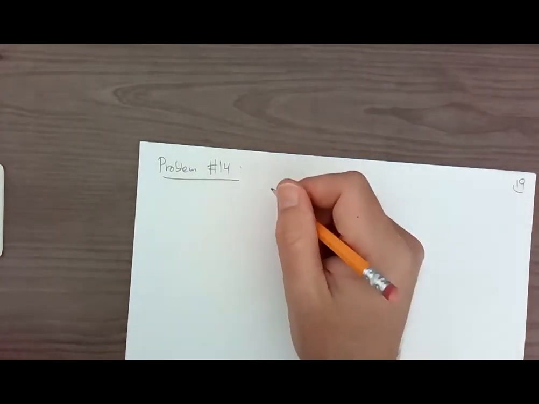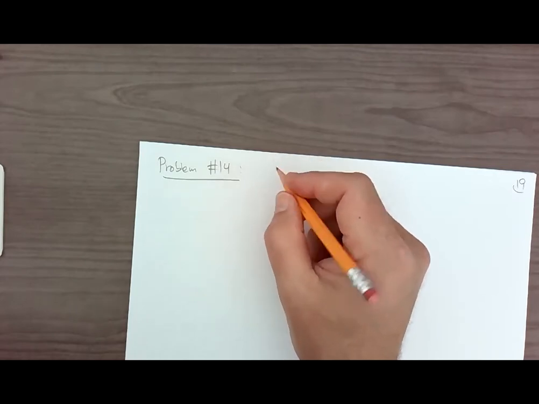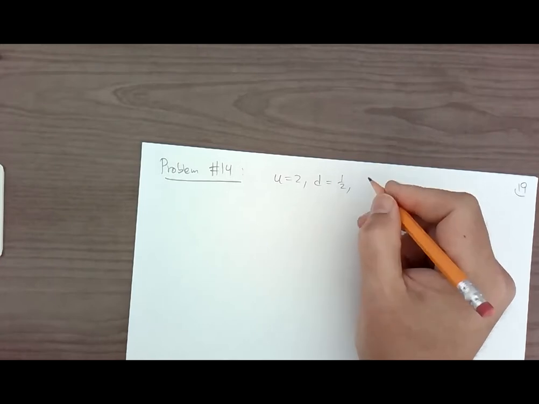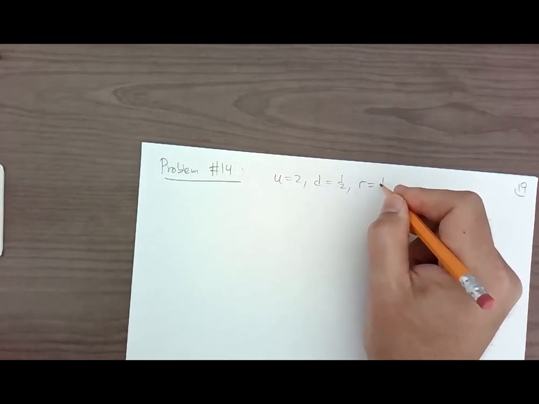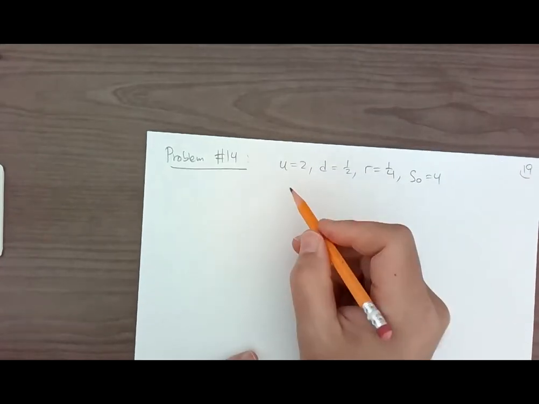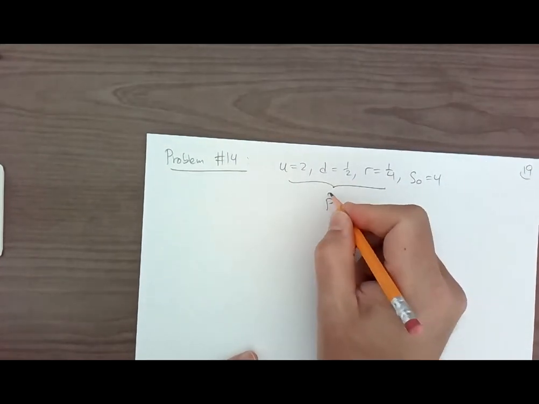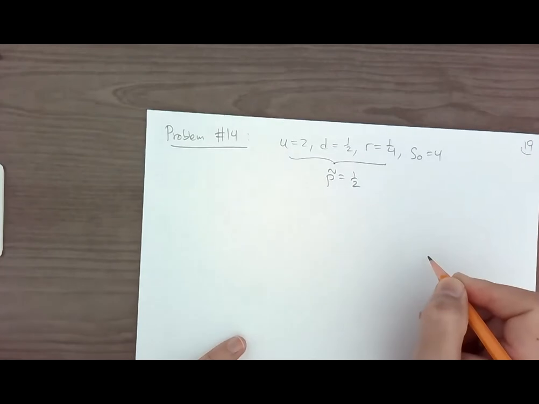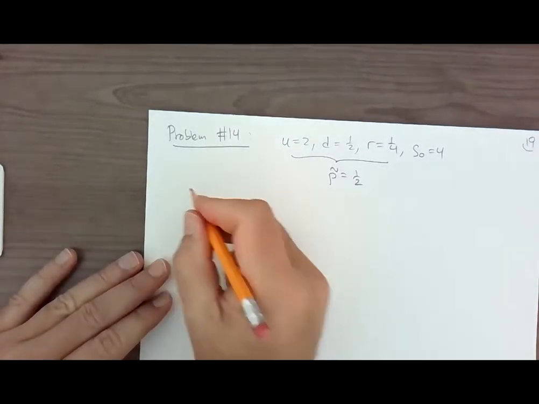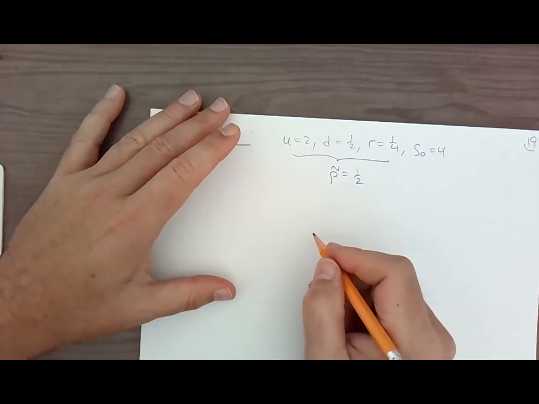So we have U is 2, D is a half, and R is 25%. The initial stock price is 4 this time, but these combine, so P tilde becomes a half. Now the payoff is a little bit different, but not that different.